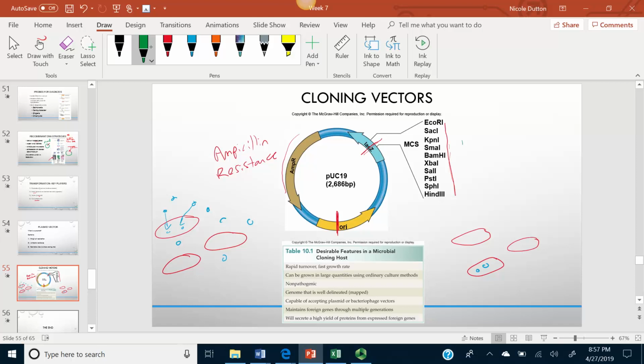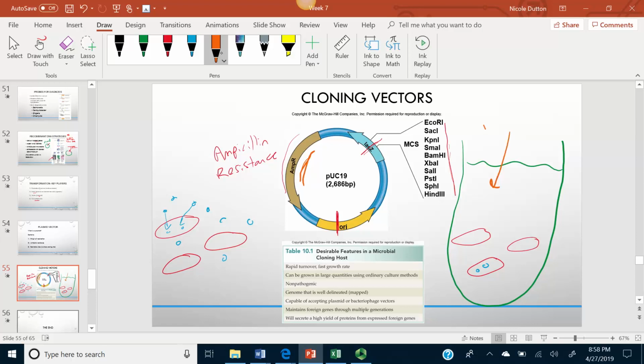Well, if this is in a tube, if we put ampicillin, the antibiotic, into the tube, ampicillin is an antibiotic. It will kill bacteria. The only bacteria it won't kill is anyone that has an ampicillin resistance gene.